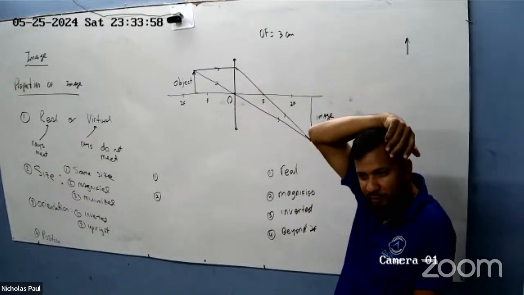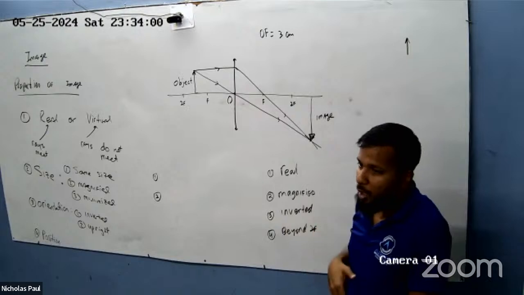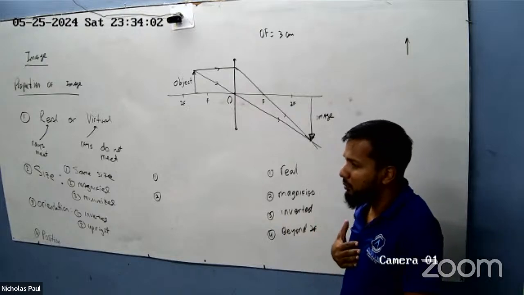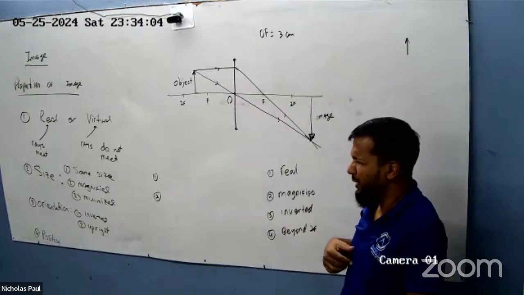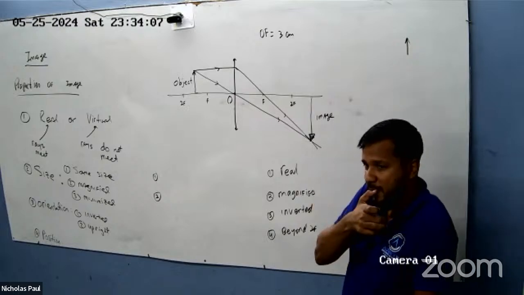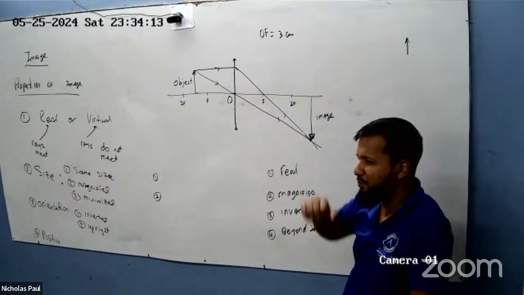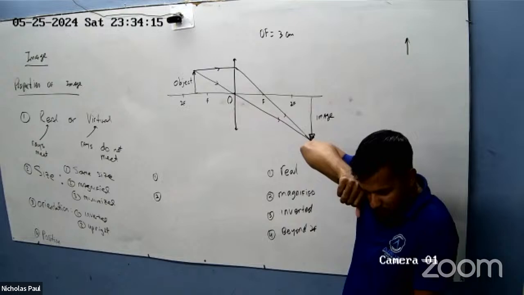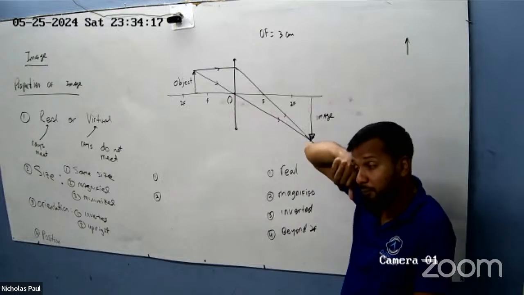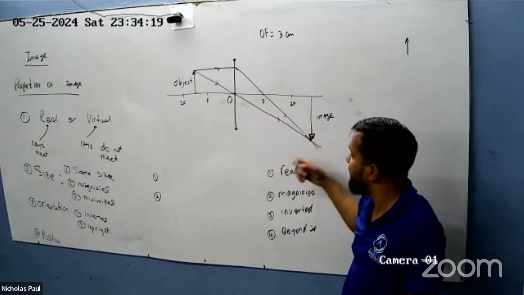Like 7.5. 7 point something. Yeah, it's like 7.5, but it wouldn't work out if we don't do it the same.